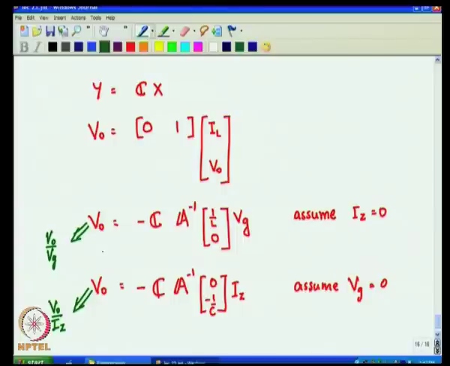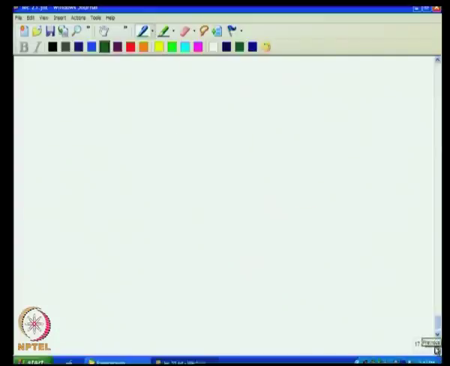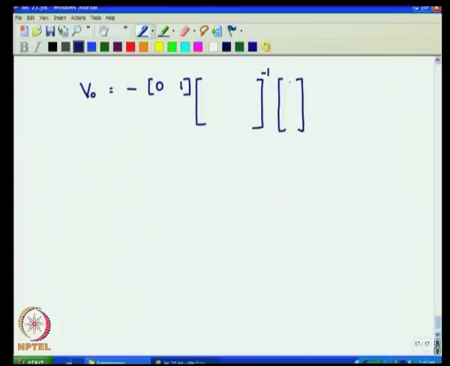Now, take for example this V naught is equal to minus C and A inverse B, 1 by L and 0, V g.